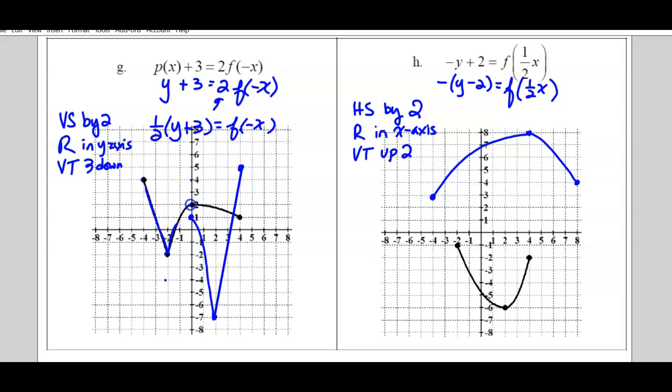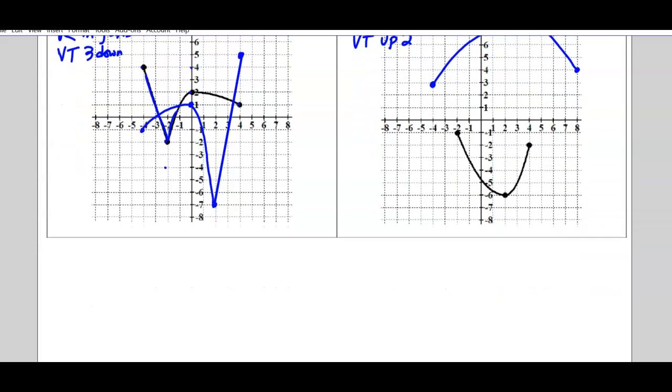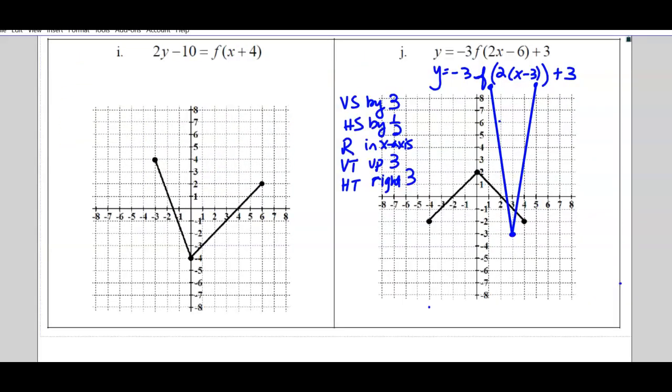Okay, last point, y value is 1, stretched by 2 is 2, reflect in the y-axis. So 4 becomes -4, and then 3 down. All right, and again, that's curved like that. And that was G.